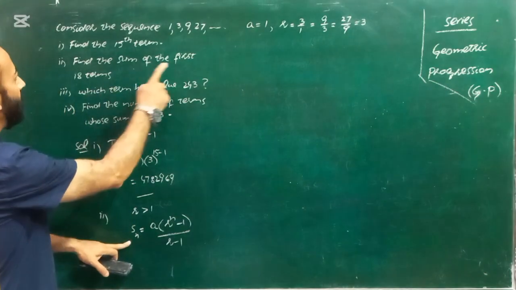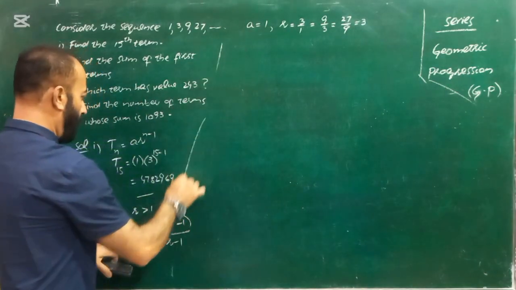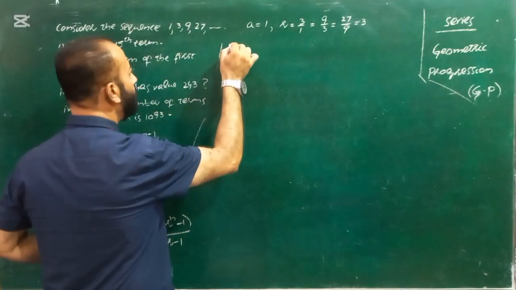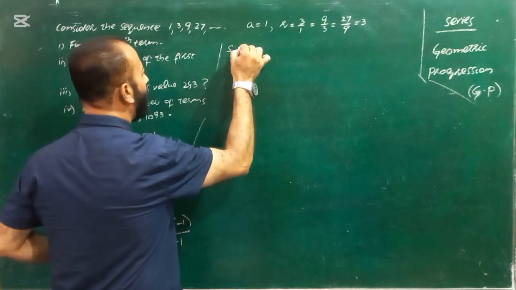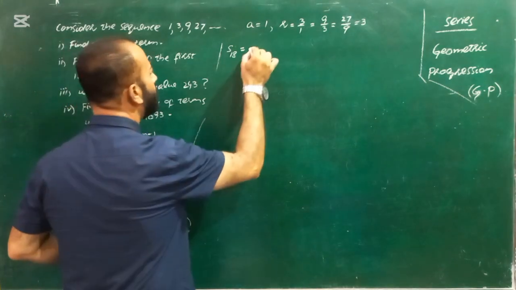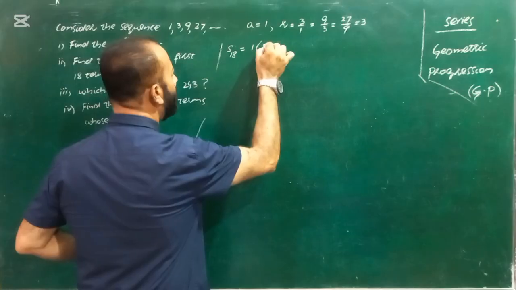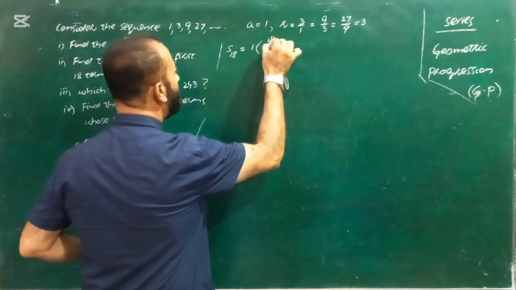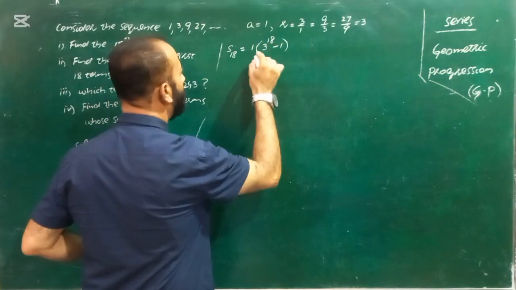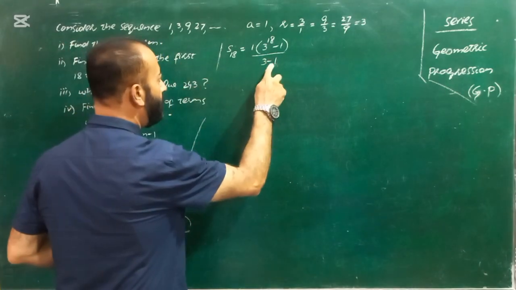Find the sum of the first 18 terms, so n is 18. S18 is equal to A is 1, R is 3, so 3 raised to the power 18 minus 1 over 3 minus 1. So values have been put into the formula.